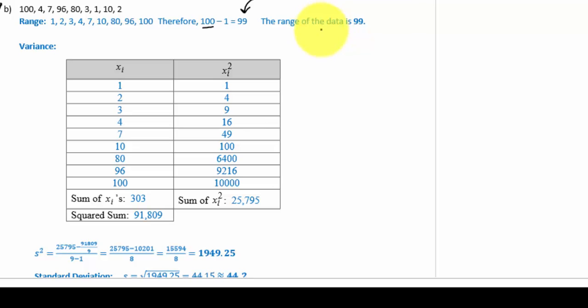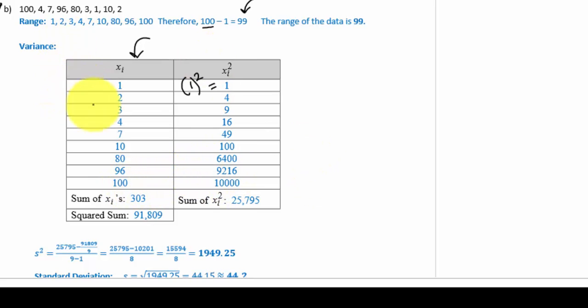So the range of the data set is 99. Our table, I'm placing all of my x values in ascending order, 1 through the 100. And the second column in the data set, remember I'm taking my x value, I'm squaring that to equal 1. And I will do the same for every measurement. Finally, 100 squared would make the 10,000.